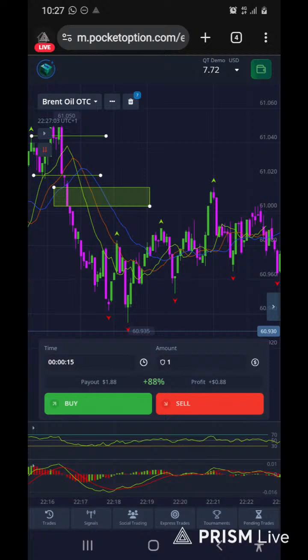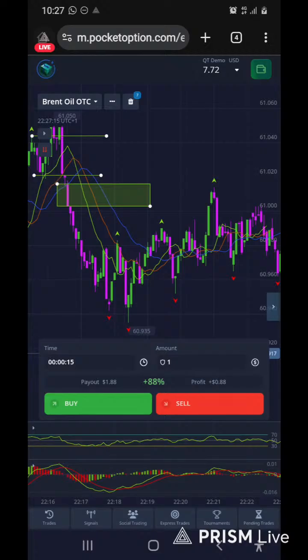Sorry, I went somewhere a bit to change the line. So this candle here is the first one. So the lower wick of the first candle and the upper wick of the third candle, still it didn't happen here.